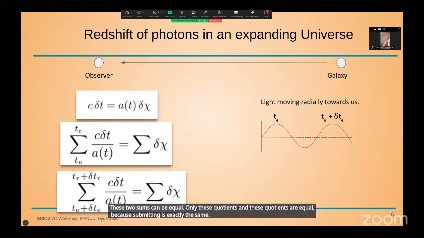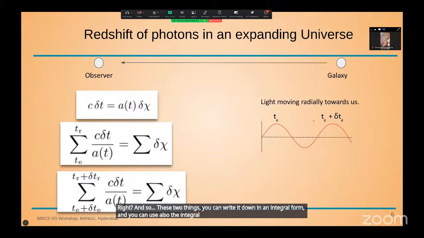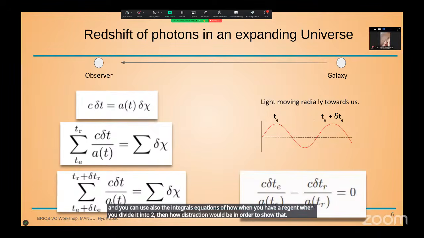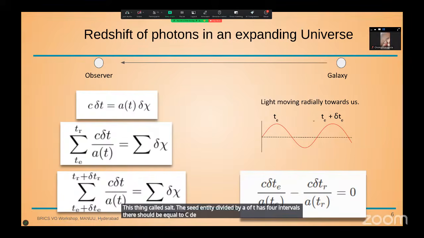You can write this down in an integral form, and use the integral equations of how the integral behaves when you divide it into two, to show that c delta t divided by a of t, that small interval there, should be equal to c delta tr divided by a of tr. That's what you do.